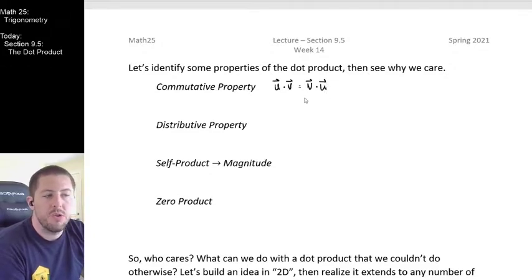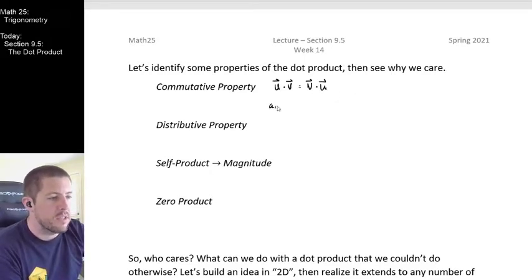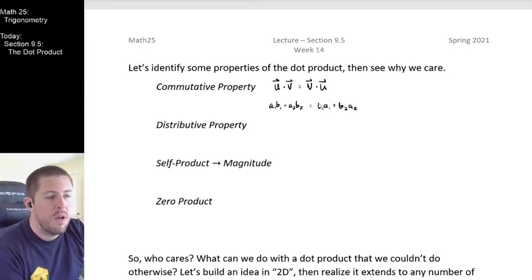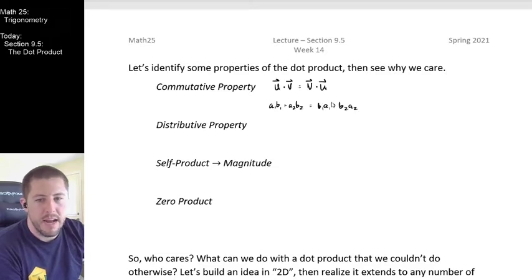This says we can do the multiplication left to right or right to left. It shouldn't really matter. In this case, this just looks like me writing a1 b1 plus a2 b2, and instead this would flip us around to b1 a1 plus b2 a2. Well, we know that a1 times b1 is the same thing as b1 times a1. So it's obvious that this multiplication is the same. Therefore, this dot product must also be the same.